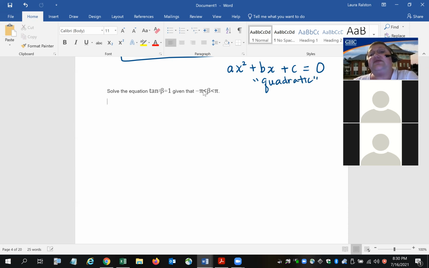And we learned in algebra that when you have a quadratic, we can solve it by factoring, by using the square root property, which I've used a couple of times already, or using the quadratic formula.